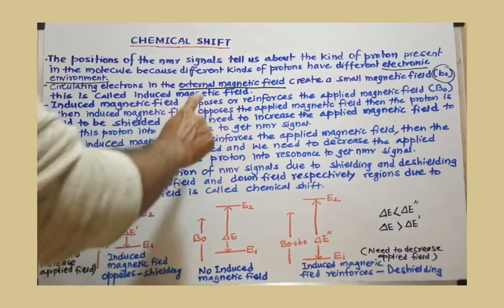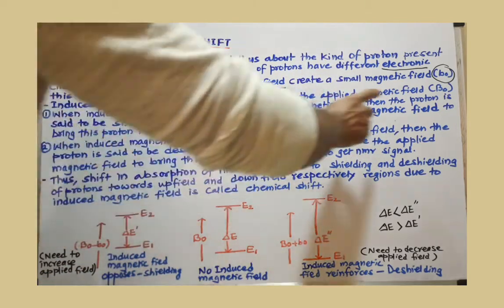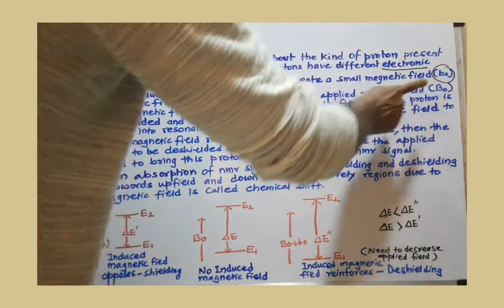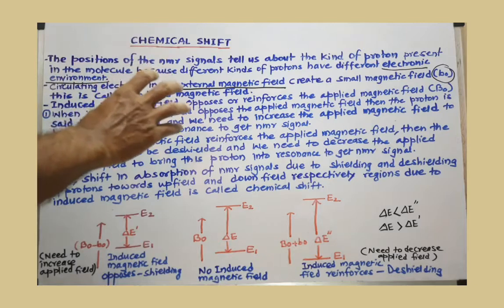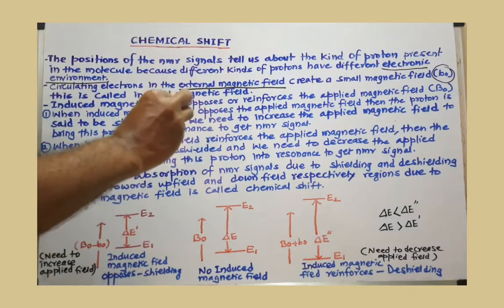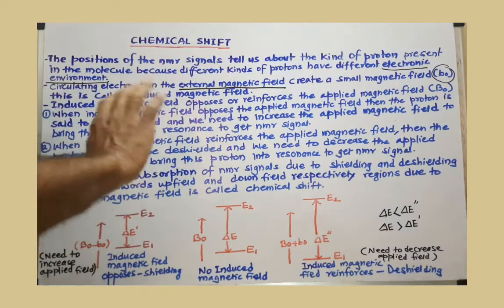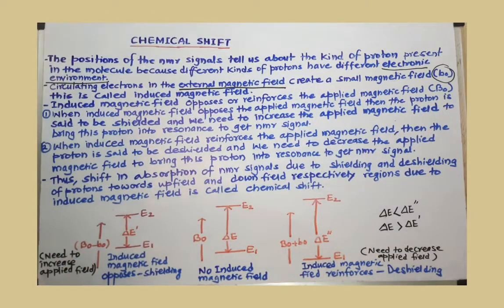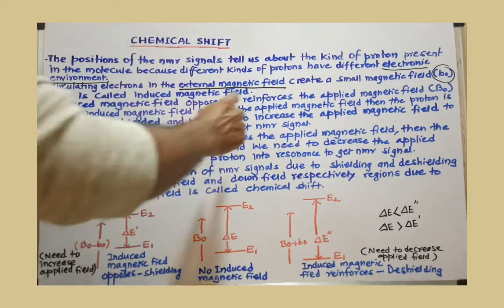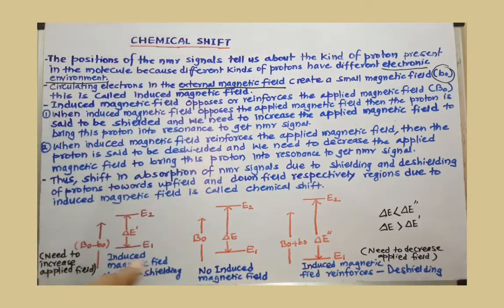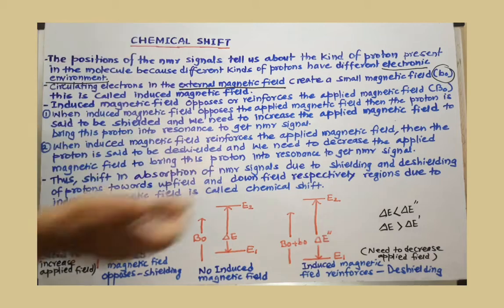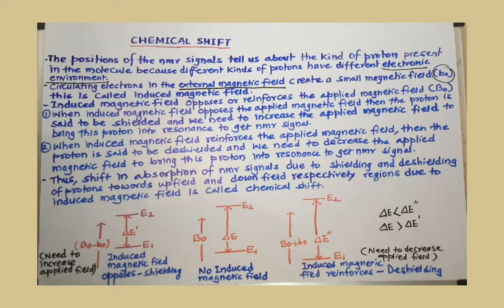If it is opposing, our proton will feel less magnetic field, less than B0, because the induced magnetic field is opposing that field. In the other case, it depends on the orientation of the molecule, the geometry of the molecule, and many other structural factors, which we'll discuss in the next video.